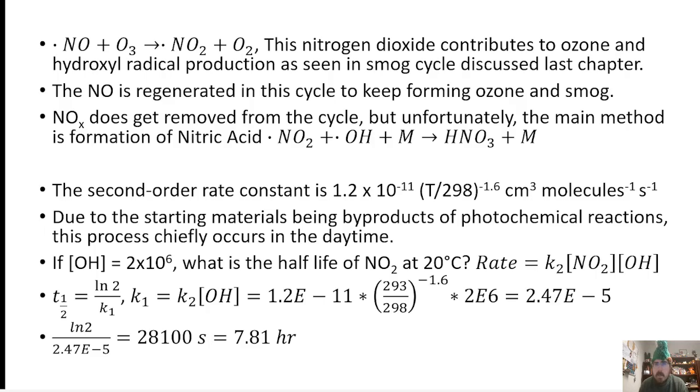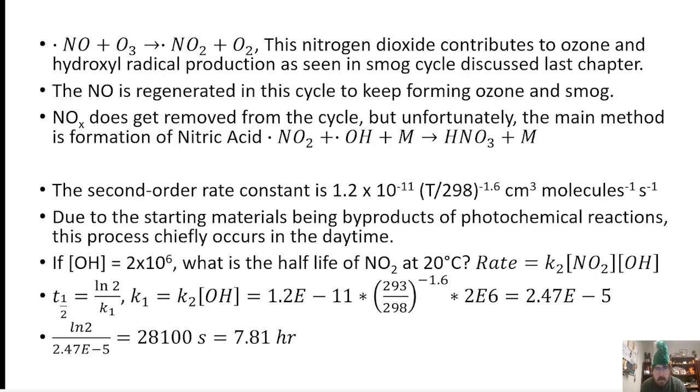This nitrogen dioxide will contribute to ozone and hydroxyl radical production, as we saw last chapter. And the NO is regenerated in the cycle, then keeps it going. So the NOx doesn't get removed from that cycle. The NOx will eventually get removed from that cycle, but that's in the form of acid rain.